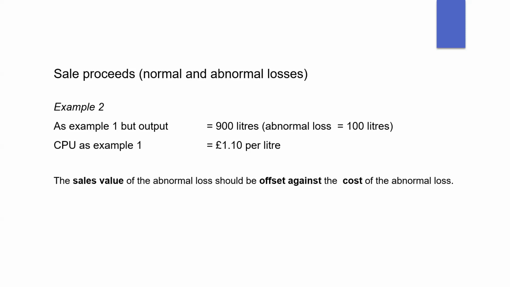Earlier, we calculated the cost per unit as 1 pound and 10 penny per liter. So remember that the sales value of the abnormal loss should be offset against the cost of abnormal loss. Please remember this point carefully.